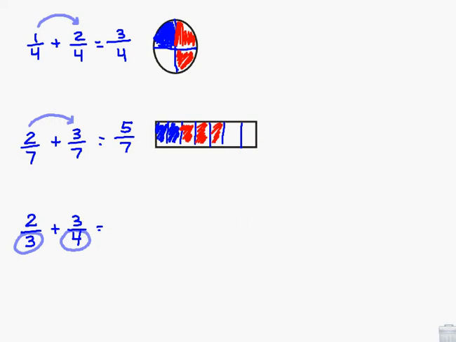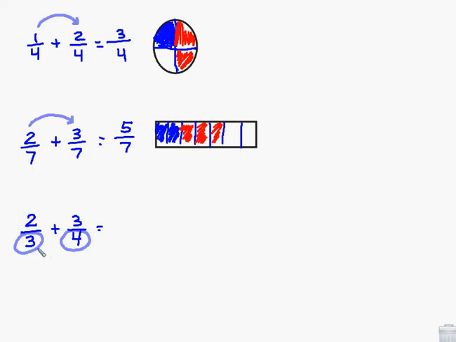We have to find a way to make those denominators the same. And we use the same way that we found equivalent fractions, when we simplified our fractions and reduced them to lowest terms. It works the same way.